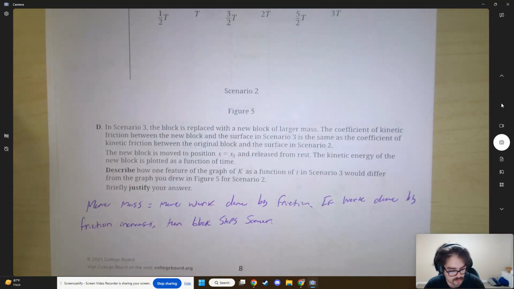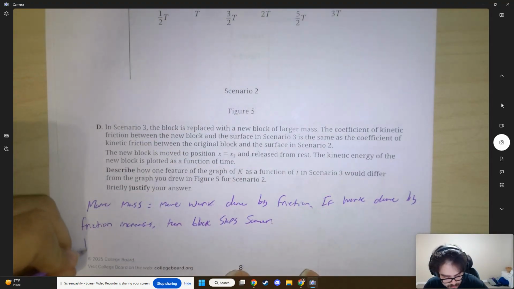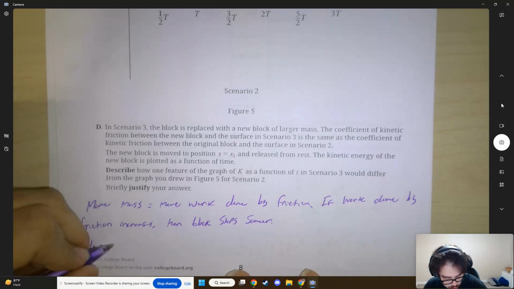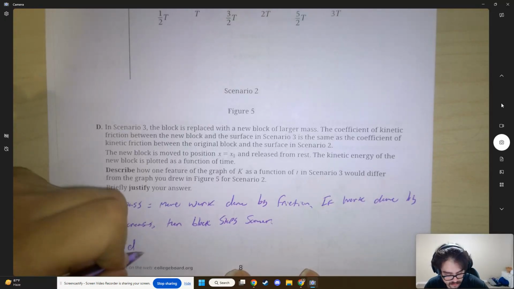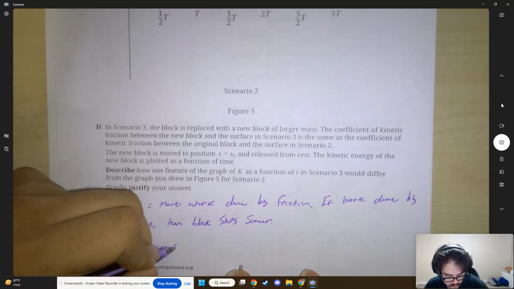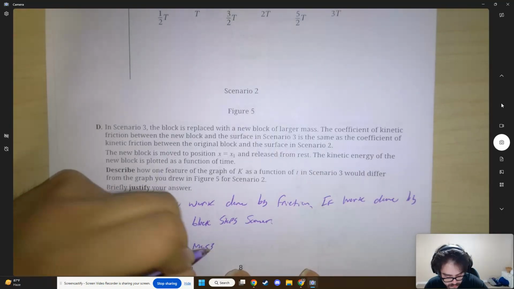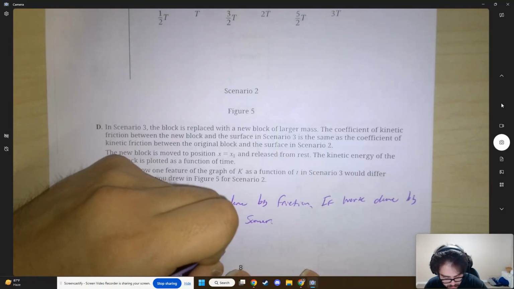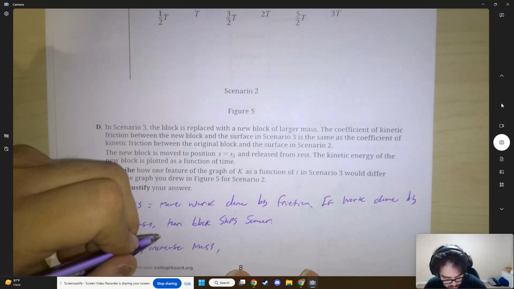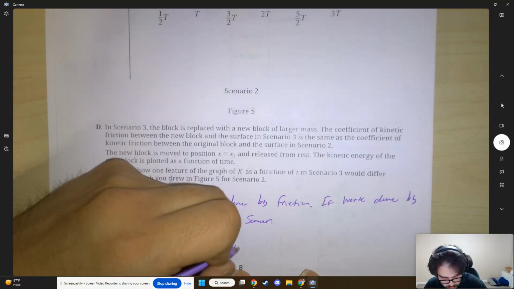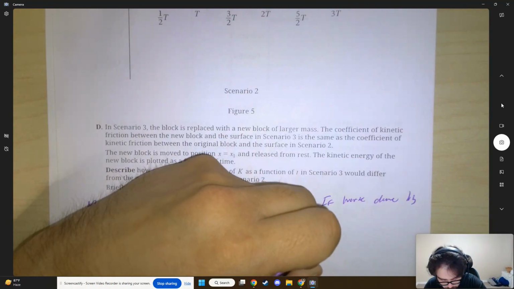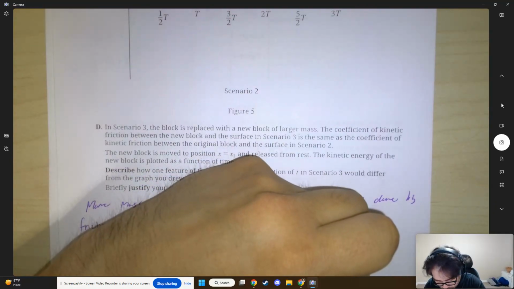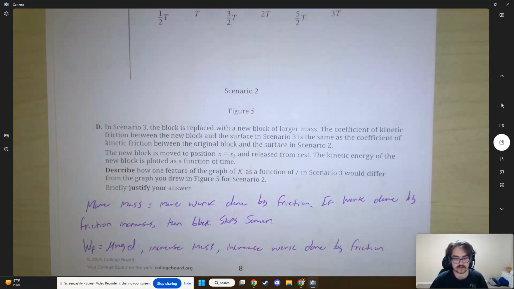And I guess you could argue this too, that the work done by friction is equal to mu mg times the distance, right? And increase mass, increase work done by friction. Okay.